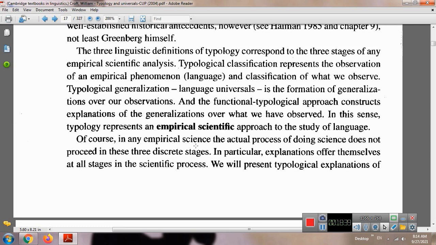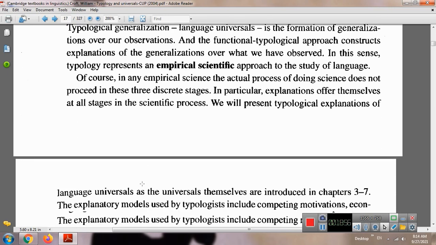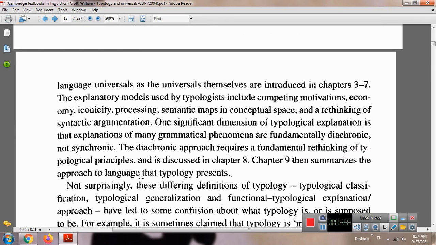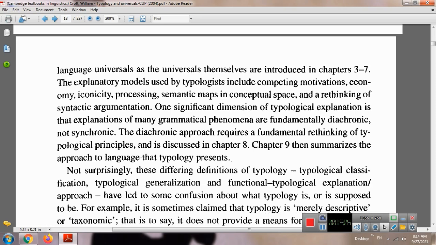Of course, in any empirical science, the actual process of doing science doesn't proceed in these three discrete stages. In particular, explanation efforts show themselves at all stages in the scientific process. We will present typological explanation of language universals as the universals themselves are introduced in chapters 3 to 7.